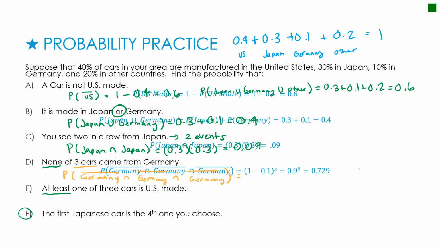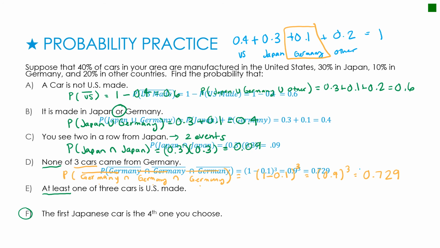But first, let's think about what's not Germany. Germany is 0.1, and so 1 minus 0.1 would be not Germany. And it's happening 3 times because it's not Germany, not Germany, not Germany. So 1 minus 0.1 to the third, which is 0.9 to the third, which is 0.729.